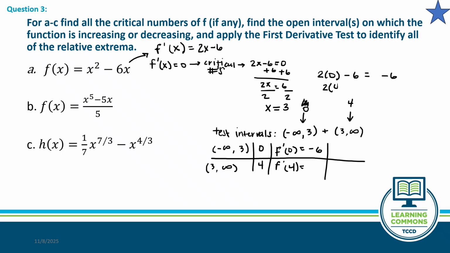So 2 times 4 minus 6 is going to give me 2. Therefore, since this is negative, you're decreasing here. And since this is positive here, you're increasing here. And that's it.